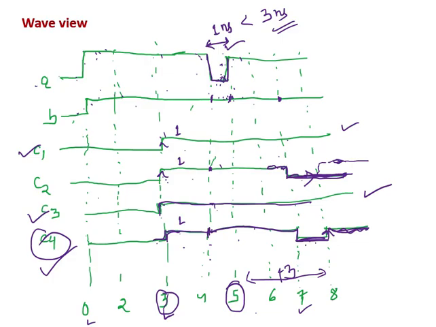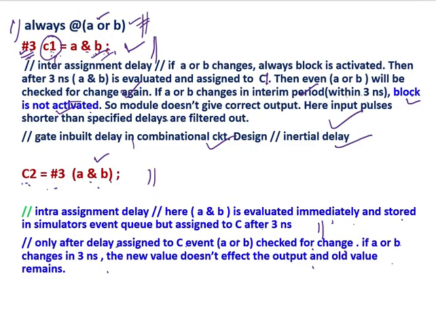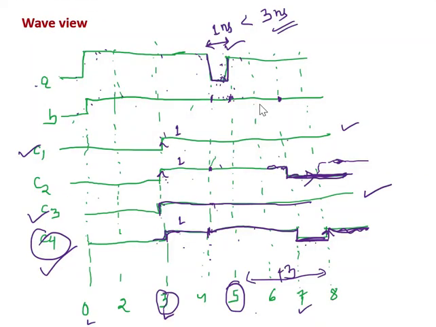In case of C2, if A or B changes within 3 nanosecond, the new value doesn't affect the output and the old value remains. Once A changes there is a transition from 1 to 0 here, so I am getting 0 after 7 nanosecond, because 0 into 1 is 0.